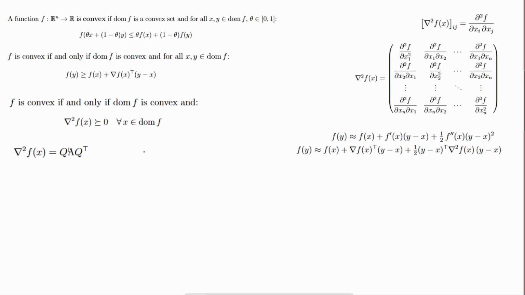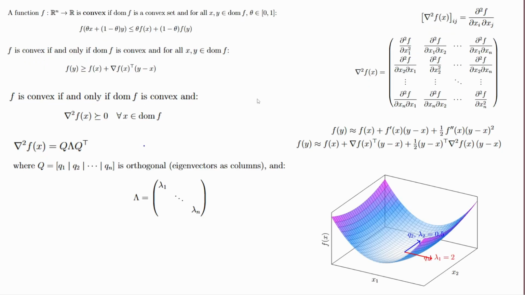Q is the orthogonal matrix of eigenvectors, and this capital lambda is the diagonal matrix of the eigenvalues. In this case, the eigenvectors are the principal directions of curvature. They form a natural coordinate system aligned with the geometry of f at x. And the eigenvalues tell you the curvature magnitude in each of these directions.